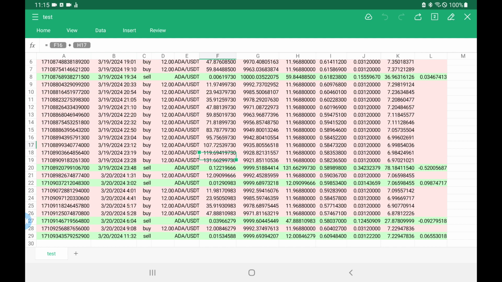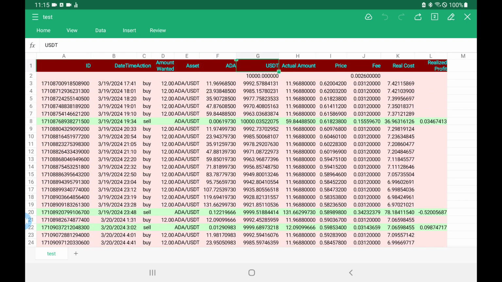Whatever your quote currency is what you are going to pay in. Whatever your base currency is what you are going to receive. When you make a sell, it is deducted from your base currency and deposited into your quote currency at the current market value.